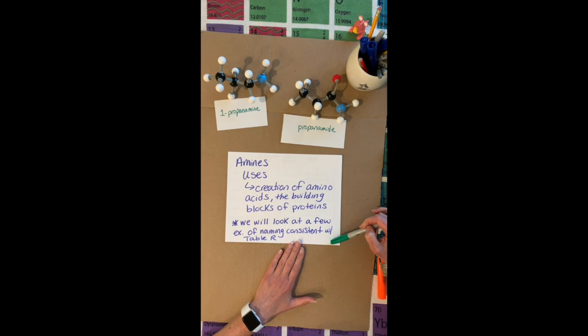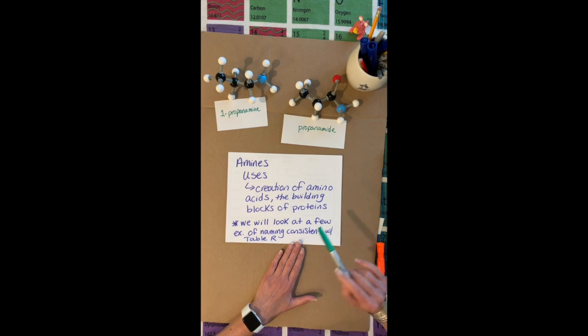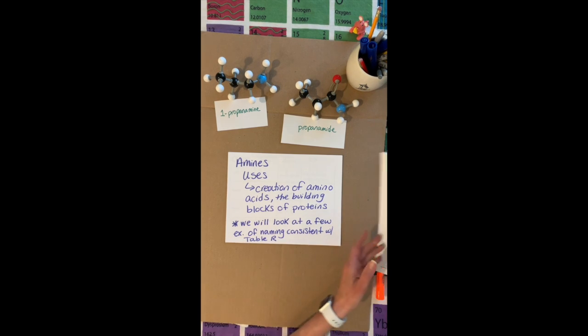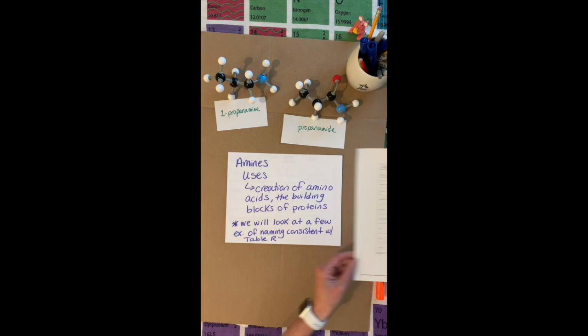Please be aware, and this is actually true for most of the organic compounds we've been naming, we will be looking at only a few examples of naming amines and amides, and just be aware that they are consistent naming protocols with Table R. There are other ways to name organic compounds. We're keeping it pretty simple by using our favorite cheat sheet, Table R.